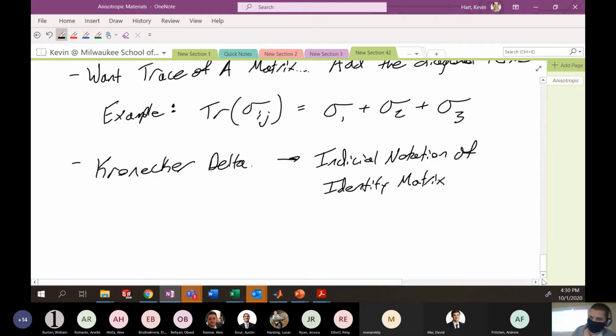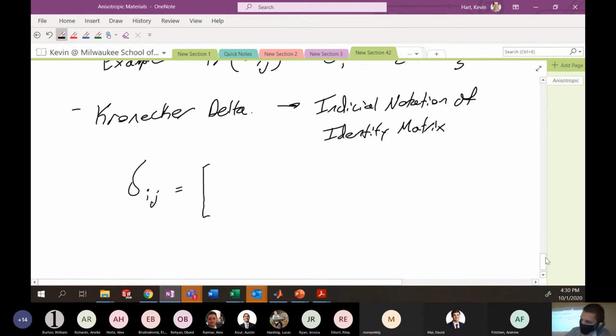That's typically denoted with the lowercase delta, delta ij. Here for us, that would be the identity matrix. If i and j go from 1 to 3: 1, 0, 0, 0, 1, 0, 0, 0, 1. Binary solo.